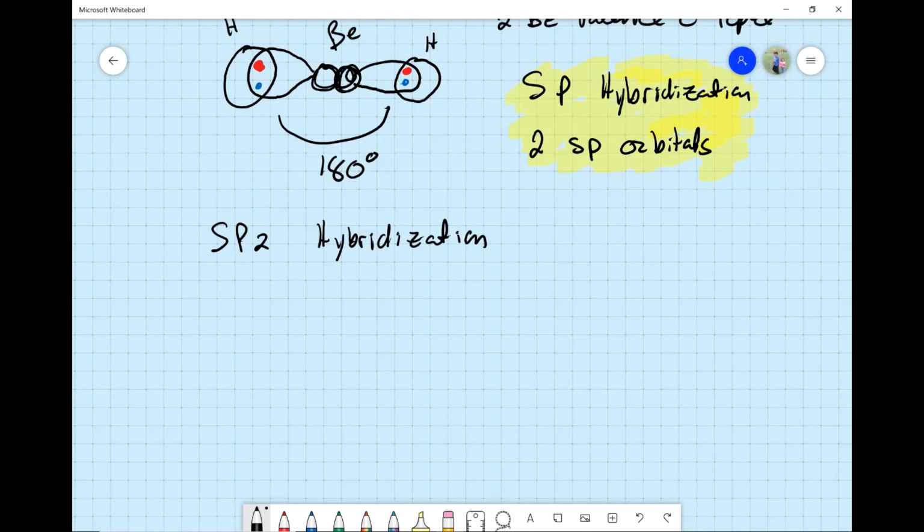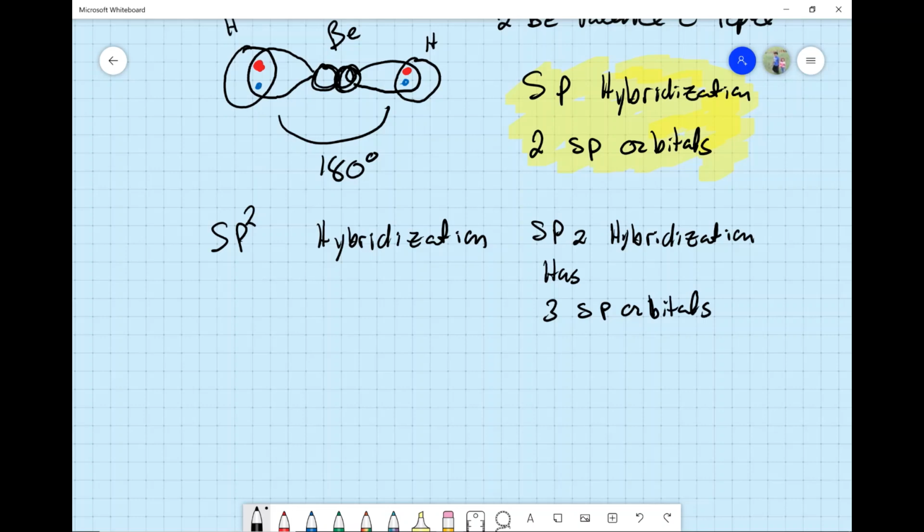I drew the 2 in the wrong place. I think it doesn't matter that much. But anyway, sp2 hybridization. So if sp hybridization has two sp orbitals, sp2 has 3 sp orbitals.